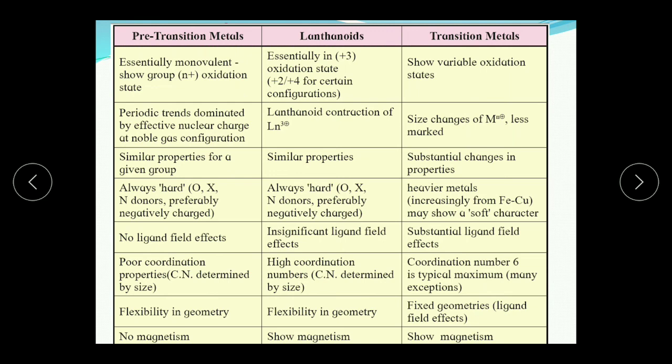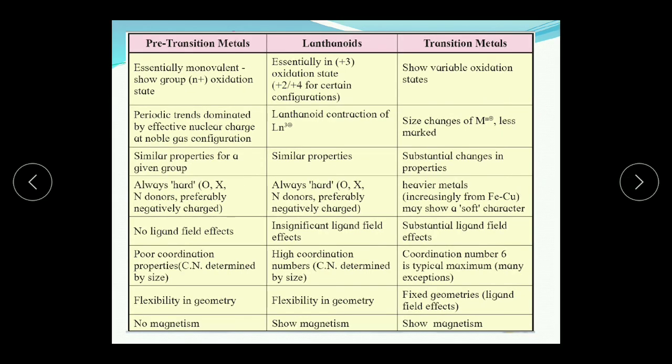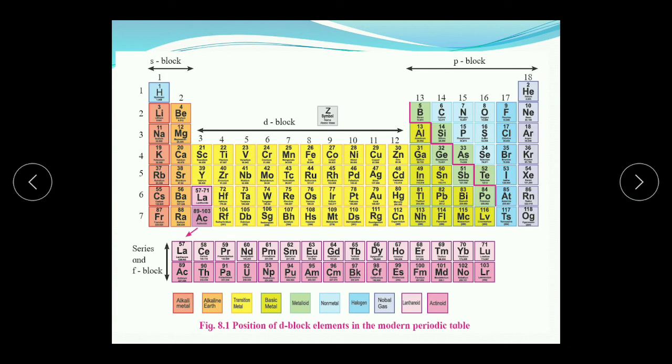Now, some revision, or let us look at the periodic table so that you will better understand the transition and inner transition elements. If we look at the periodic table, this is the best, or we can say accurate, arrangement of elements given by Mendeleev. In this periodic table, there are two groups, the first two groups, that are S block elements.